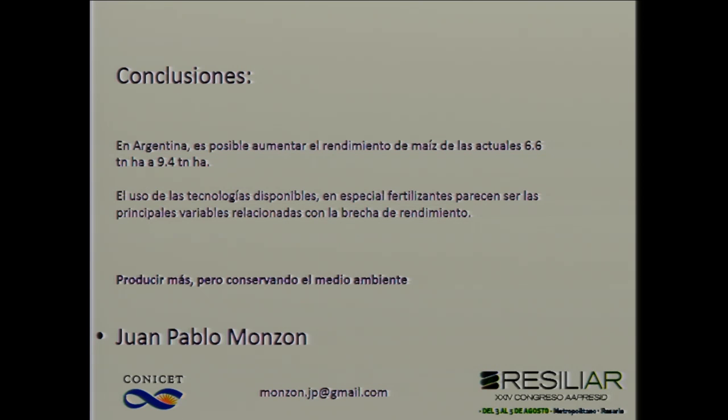So to close, for corn in Argentina, if we use the available technologies, we could switch from 6.6 tons to 9.4 tons. The use of technologies and the use of fertilizers would be the variables that would allow us to reduce this gap.